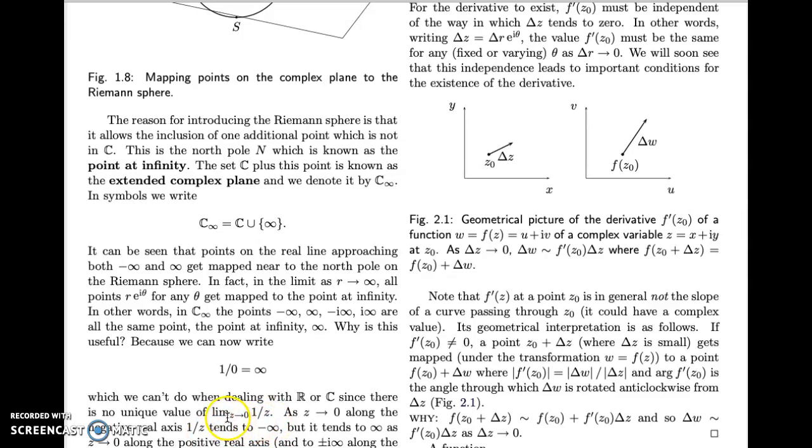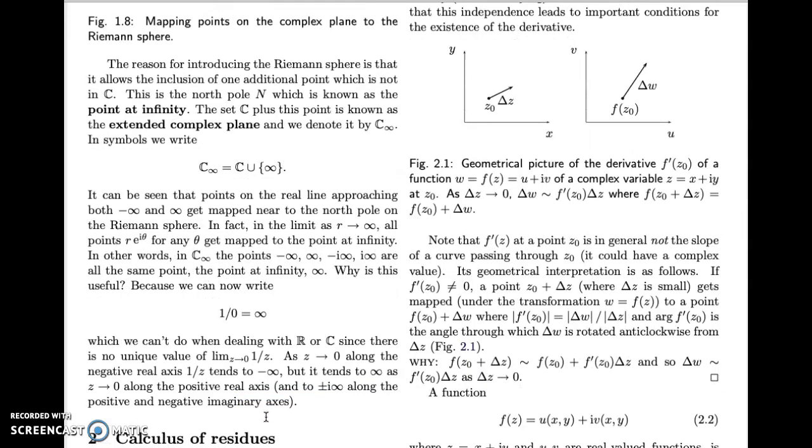If you go to 0 along the positive axis, you'll get plus infinity, and so on. But with the Riemann sphere, we can now uniquely define 1 over 0 as infinity, because there's only one infinity. This does have uses a bit later on. It's a useful idea just to have one infinity in certain things.